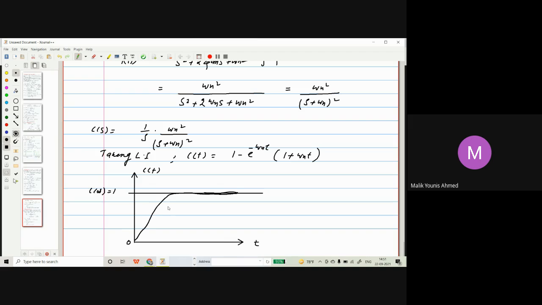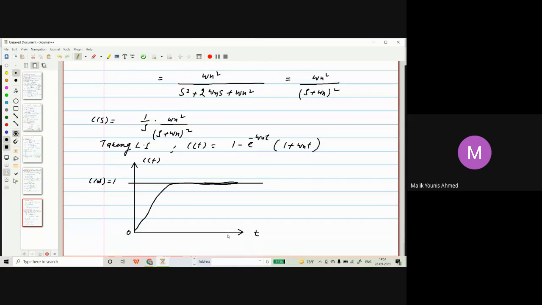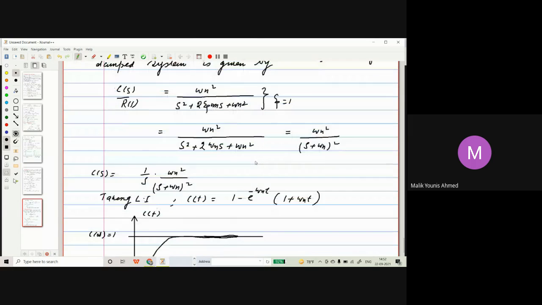At t equal to 0, it is 1 minus 1 times 1 plus 0, which is 0. The graphs are very clear; you just have to use the relationships.